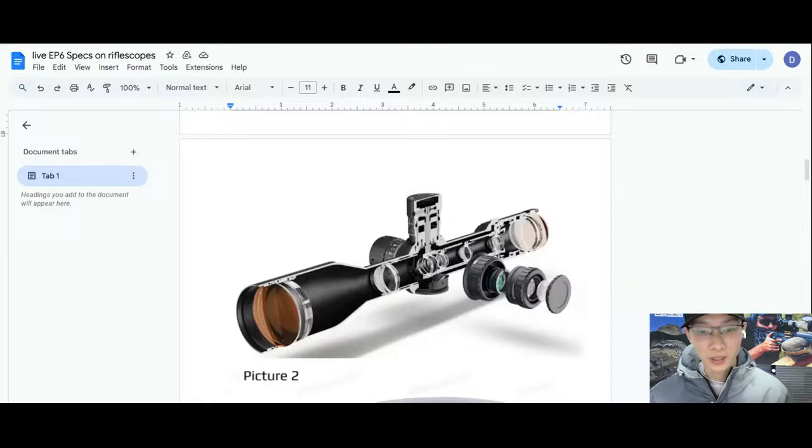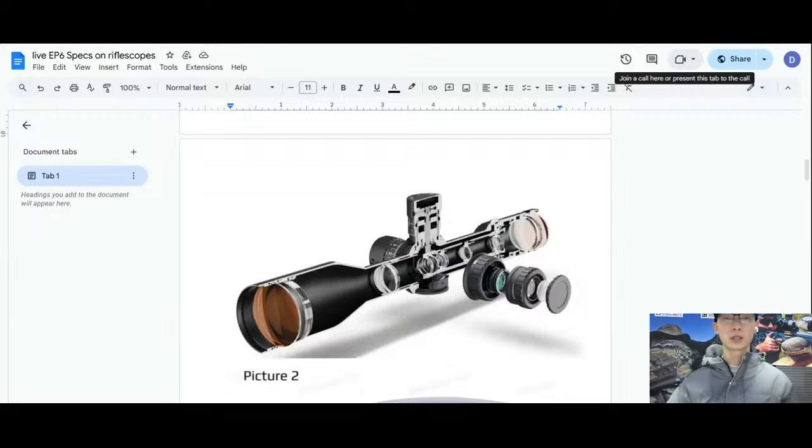Some people think that's 6, but I think the mainstream right now is staying at 5, because you can get, for example, 5 to 25 and 2 to 10, going 2 on the lower end and 5 on the higher end. And 3 to 15 is a very popular hunting magnification range, and also very versatile. And then both 4 to 20 and 5 to 25 can be used in PRS competitions.